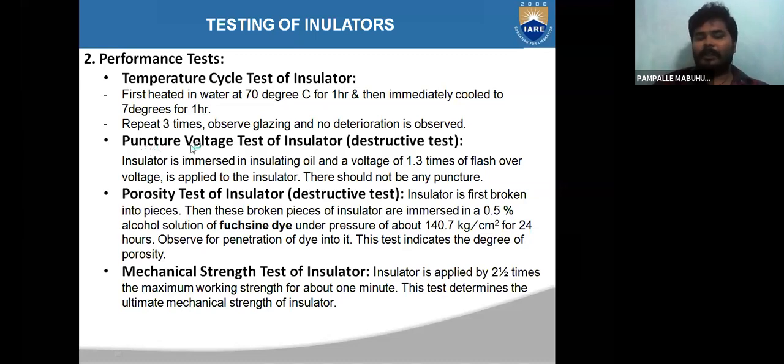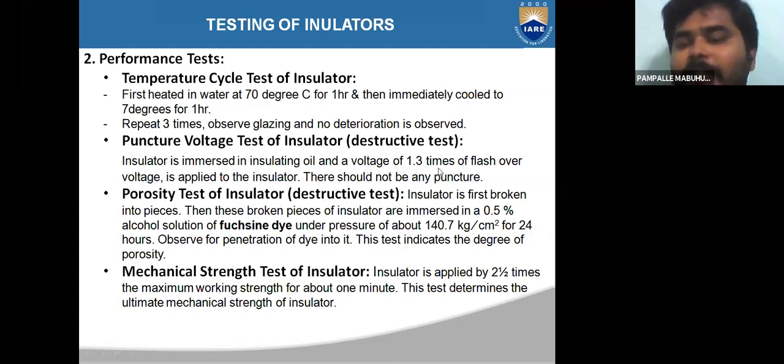Then another one is the puncture voltage test. In this test, the insulator is immersed in insulating oil and a voltage of 1.3 times the flashover voltage is applied.